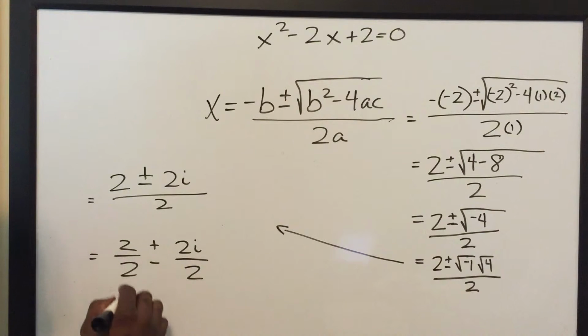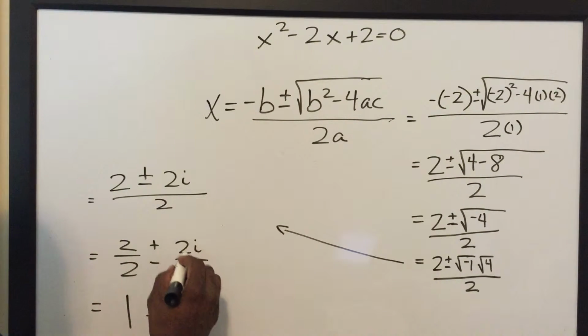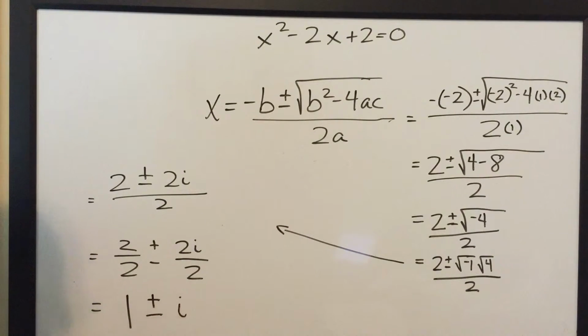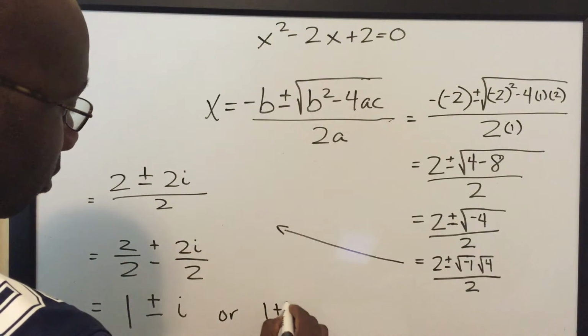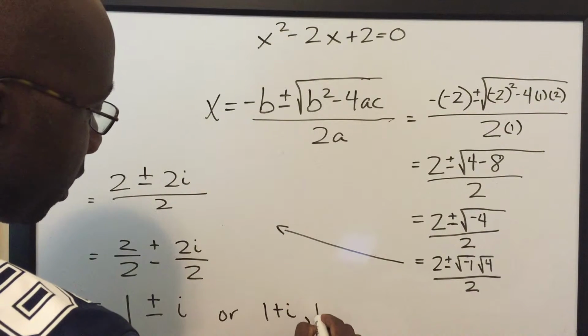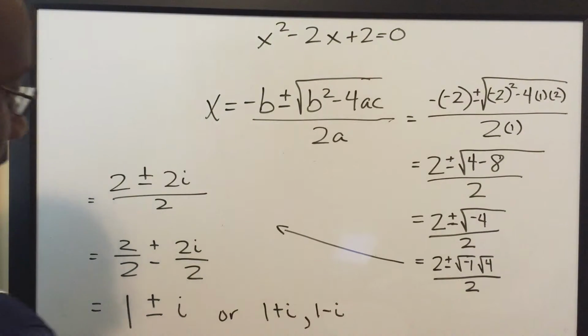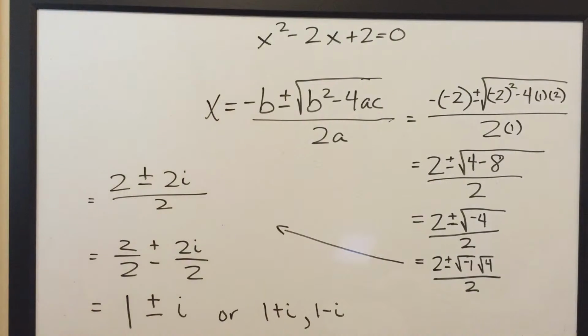We know that 2 over 2 is 1, plus or minus, these cancel out, i. So our final answer is 1 plus or minus i, or we can write it as 1 plus i, comma, 1 minus i.